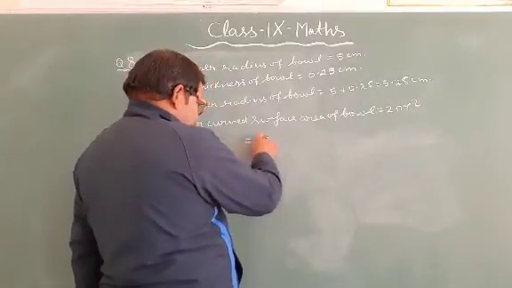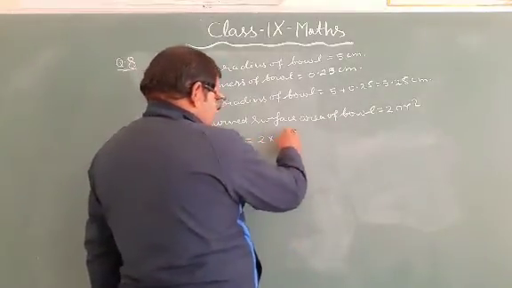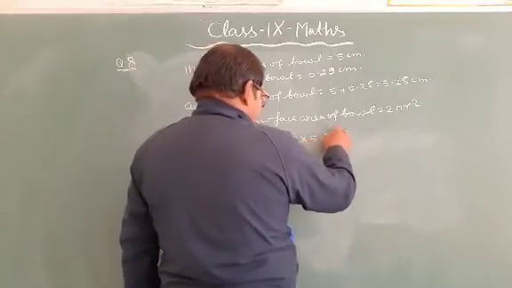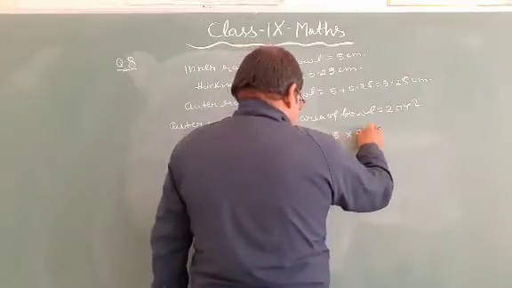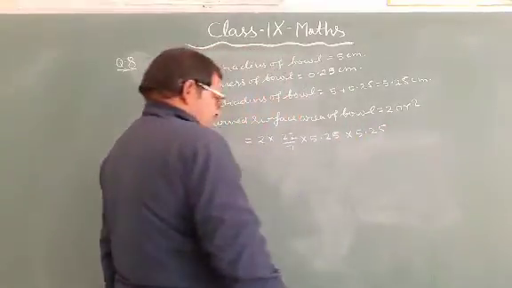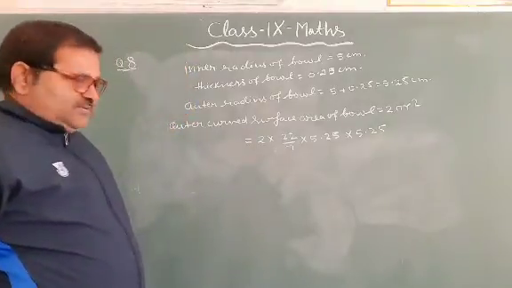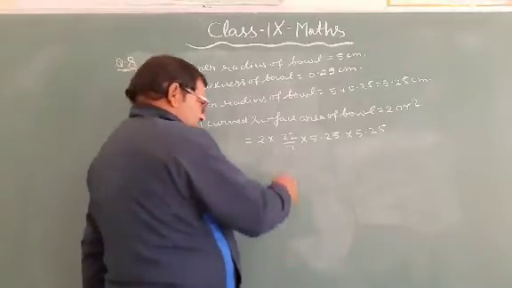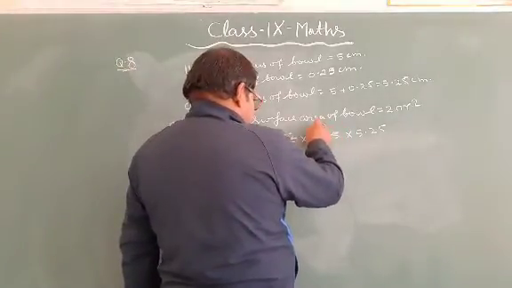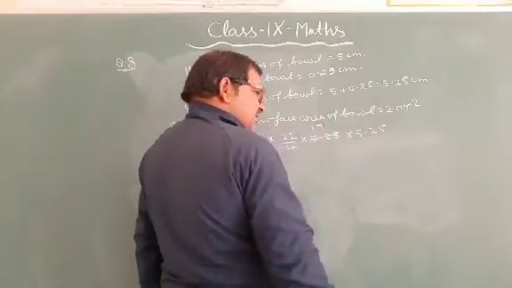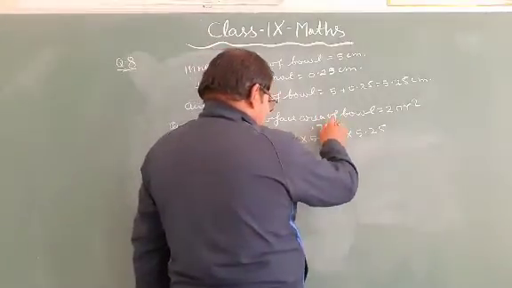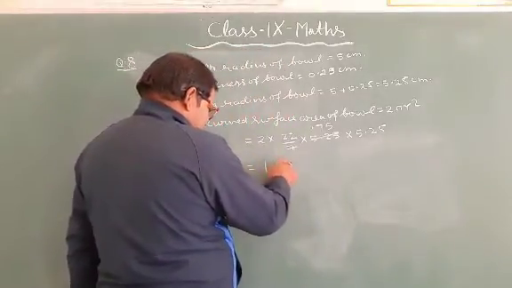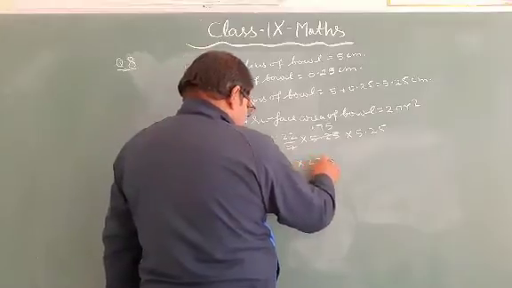So 2 into 22 by 7 into 5.25 into 5.25. Clear? Seven divided, point 7 sevens are 49, 3 7 5s are 35. So 1.50 into 22 into 5.25.